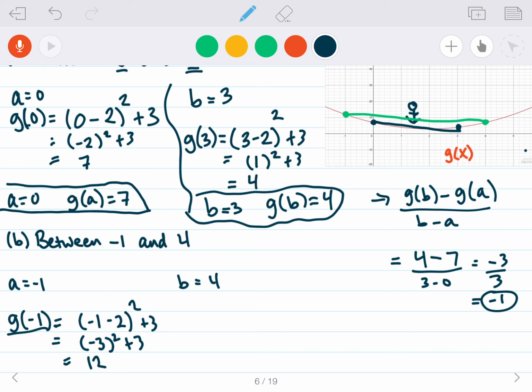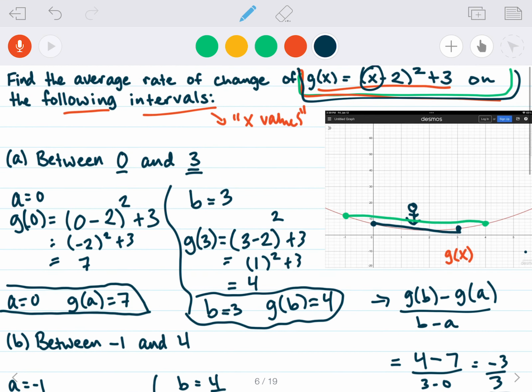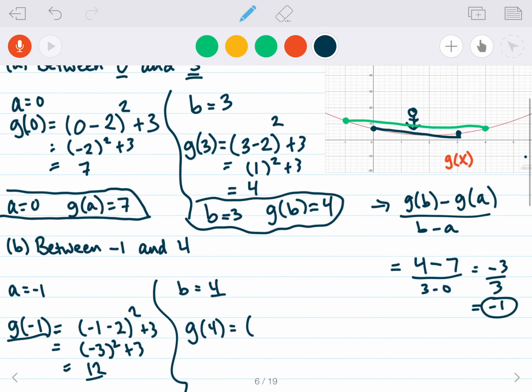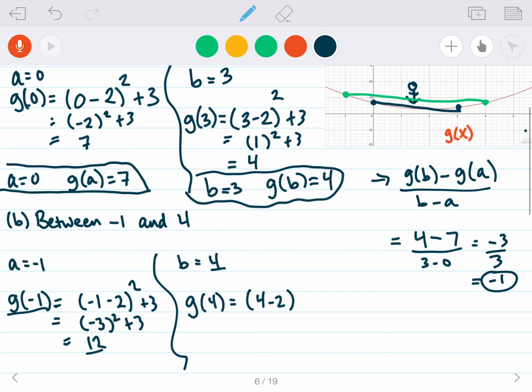So G of negative 1 is 12. We can do the same thing for our input of 4. So what's G of 4? Well, if I plug in 4 into my rule right here for my input, I get 4 minus 2 squared plus 3. That's going to give us 2 squared plus 3, which is 7.